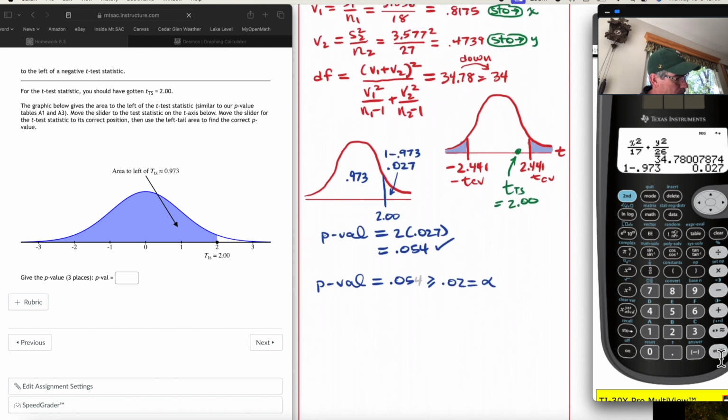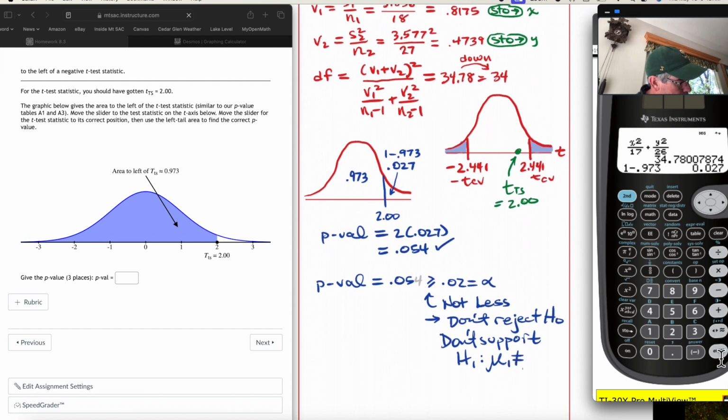And so when it's not less, we don't reject the null hypothesis. Which means we don't support H1, which had said that the means are not equal. So they're different, but they're not substantially different. They are within margin of error of each other. Let's just finish this thing up.